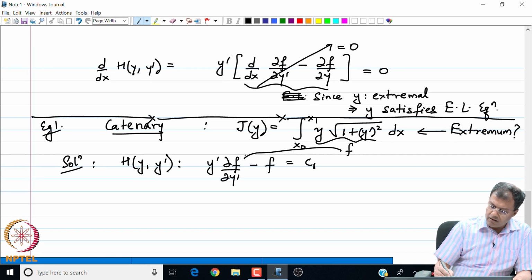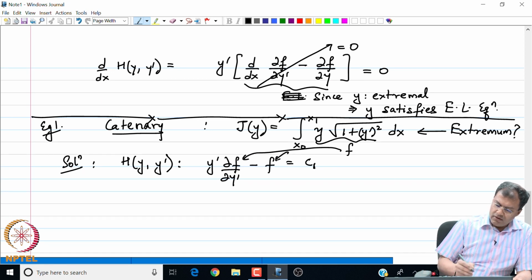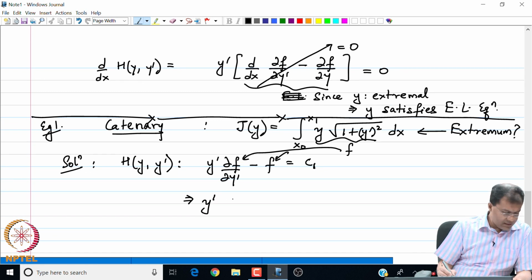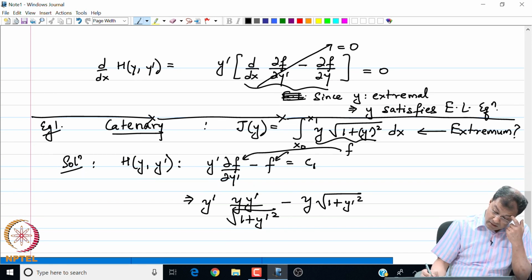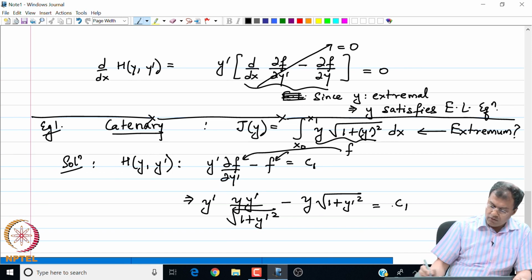So, this is my f. Plugging in the values here, and simplifying a little bit, we get y prime times 1 plus y prime square minus y times 1 plus y prime square, and then we can take a common denominator, and this is equal to C1.